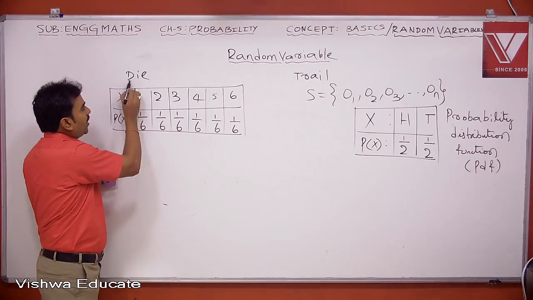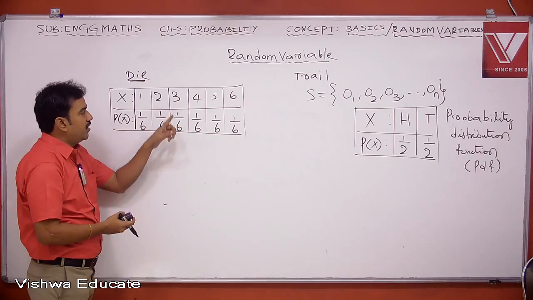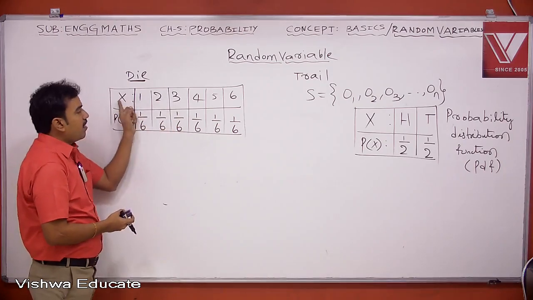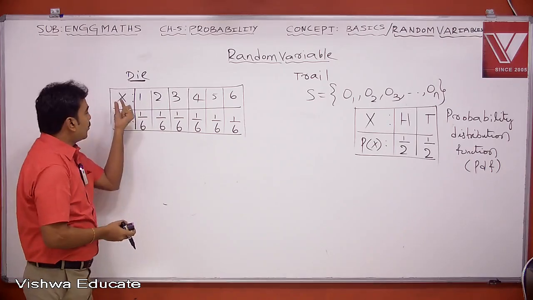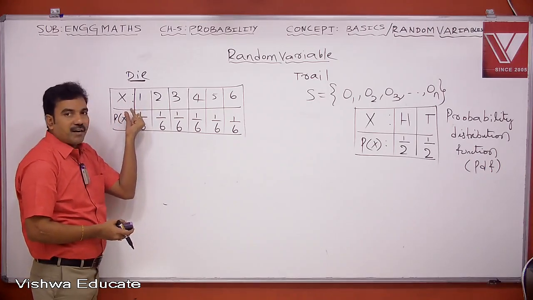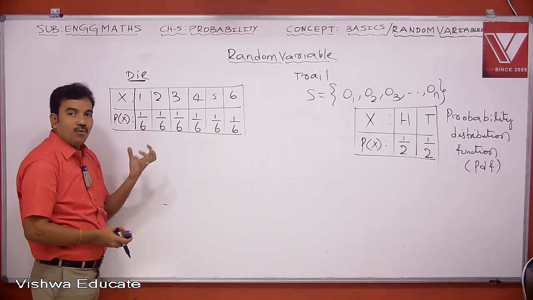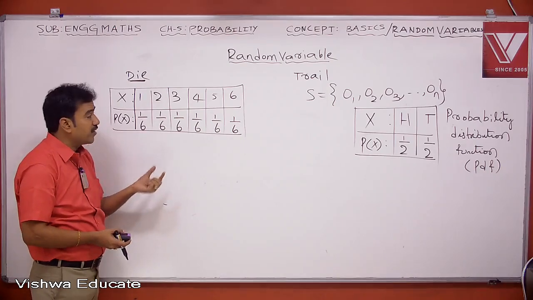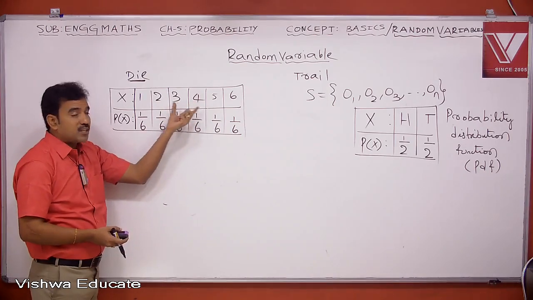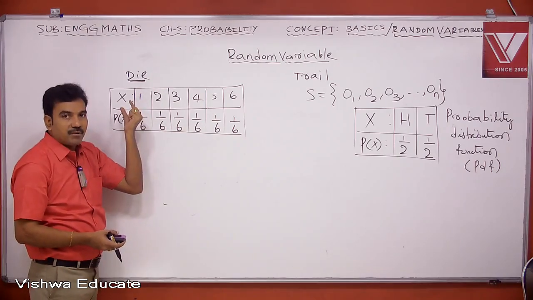So when you roll a die, the outcomes can be 1, 2, 3, 4, 5, 6. So sometimes x can be 3, x can be 4, x can be 5. That means x is not taking a fixed value. So therefore x is a variable, and this variable is taking values. What are those values? Those values are nothing but sample points of an experiment. So if all outcomes of an experiment are assigned to a single variable, then this is called a random variable.